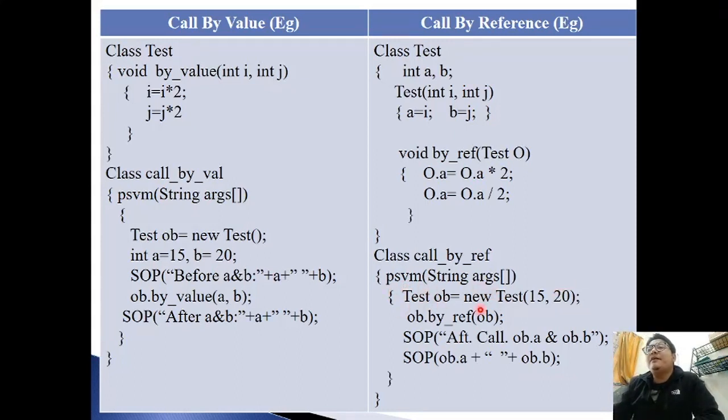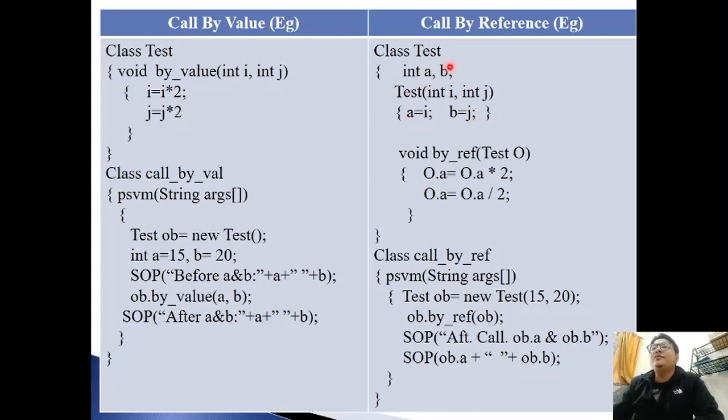Inside the main program I have created the object ob by invoking the parameterized constructor with values 15 and 20. So 15 will go to i and 20 will go to j, and furthermore inside the constructor i and j will get initialized to a and b respectively.